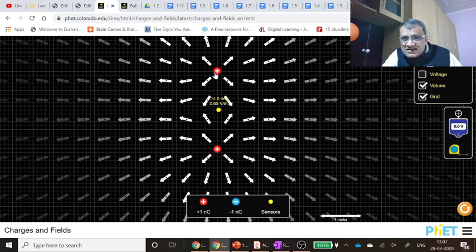Due to this plus, remember that field is away at this point, the yellow point. Due to this plus, the field is upward, and they have cancelled out each other because this point is at the center and both of them are 1 nanocoulomb. So it is 0 at infinity, it is 0 here, and somewhere it has become maximum.